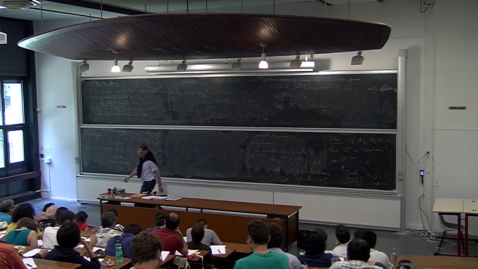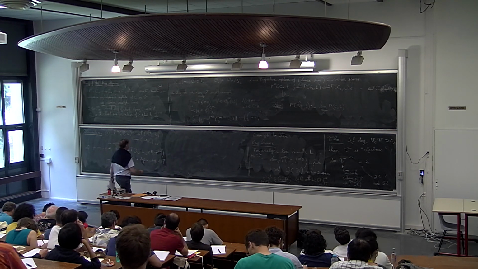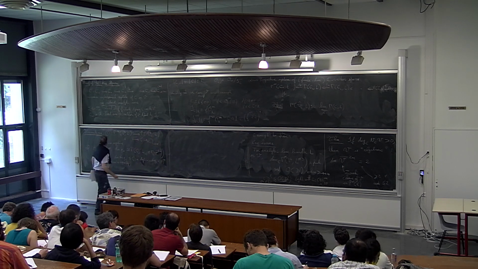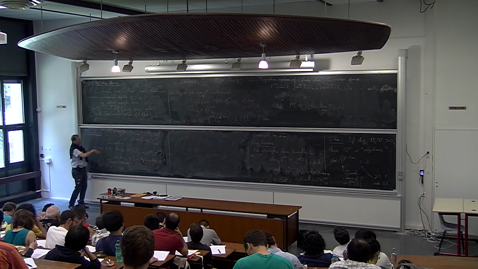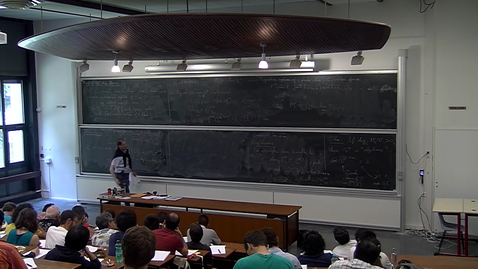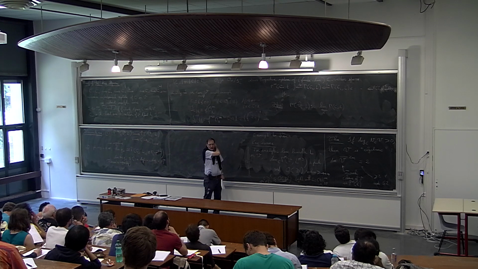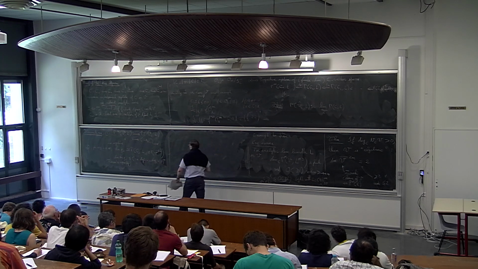Okay. So, in a sense, these two assertions are very easy, and it's also very easy to see that they imply the key lemma. So let me first explain how you go from these observations to the key lemma.